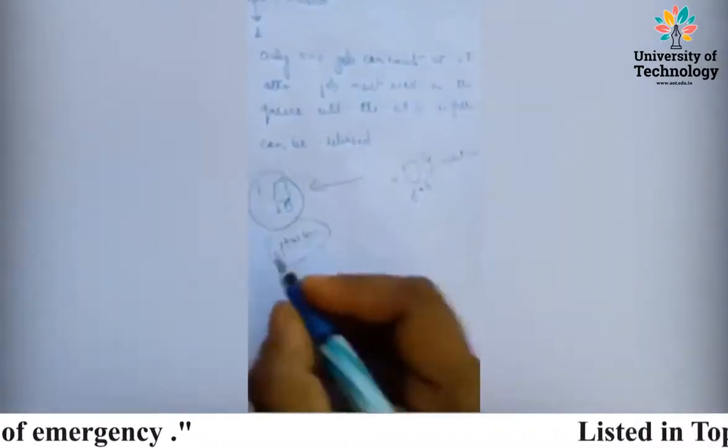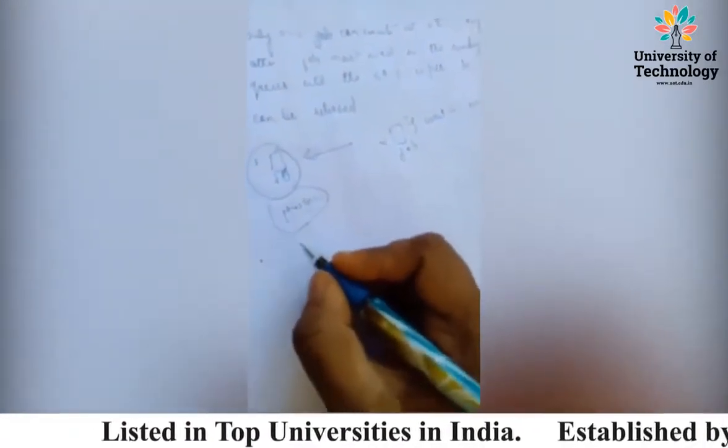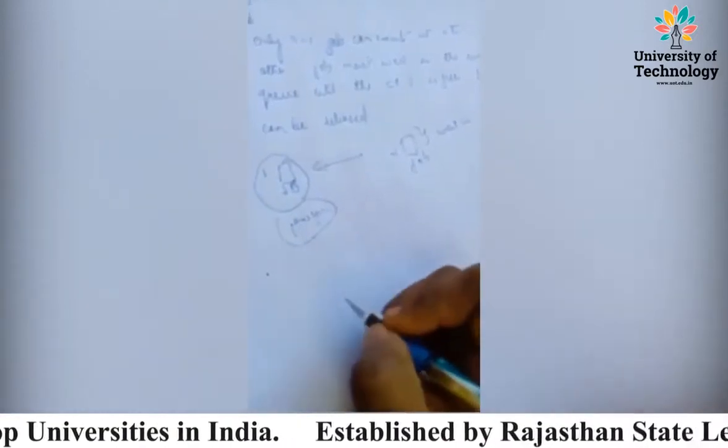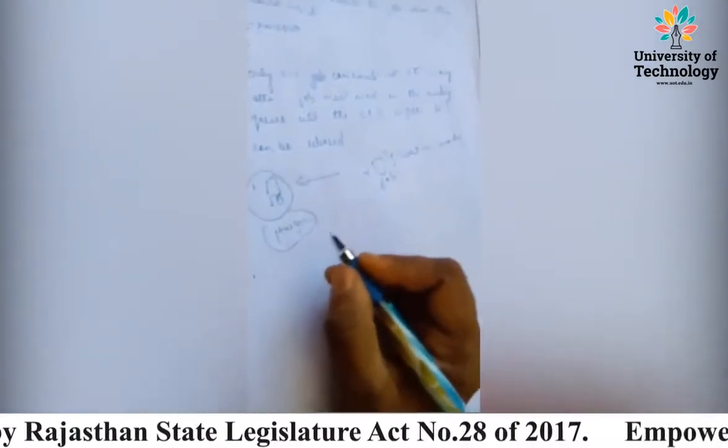Now, another term that comes into existence is multiprogramming. Multiprogramming is performing multiple tasks at the same time.